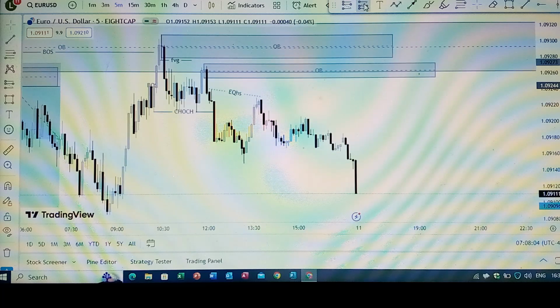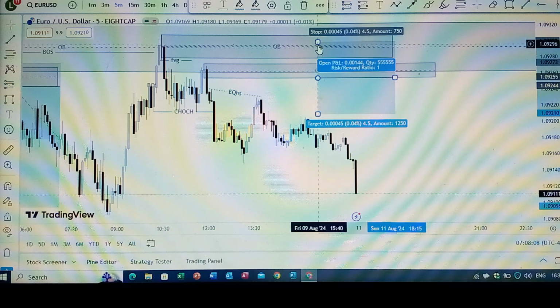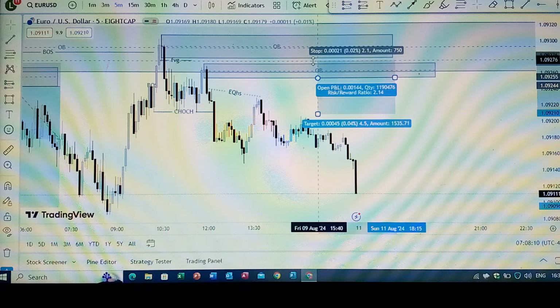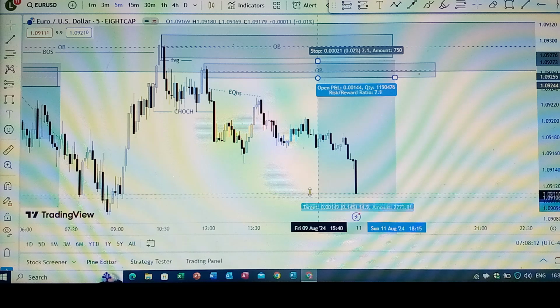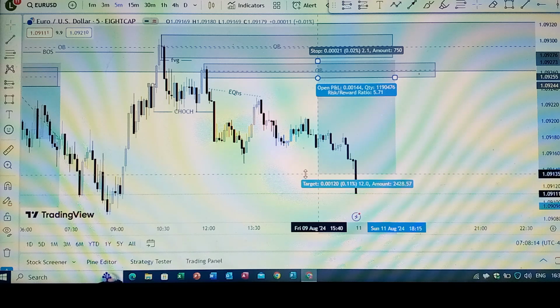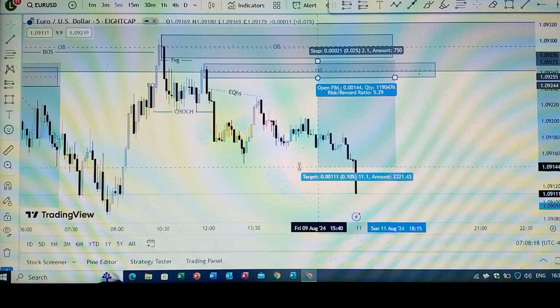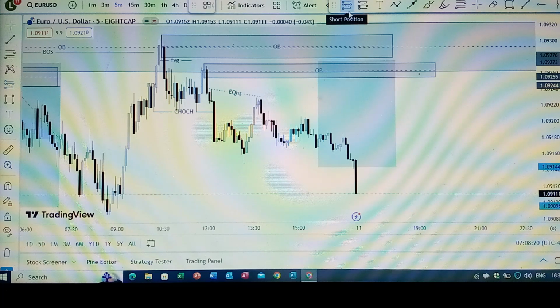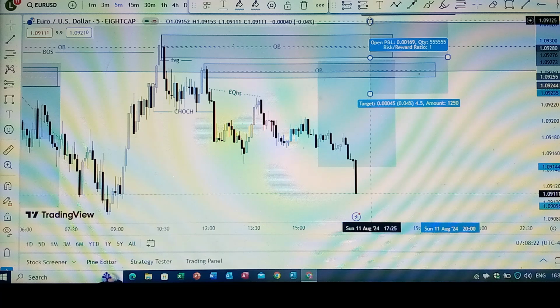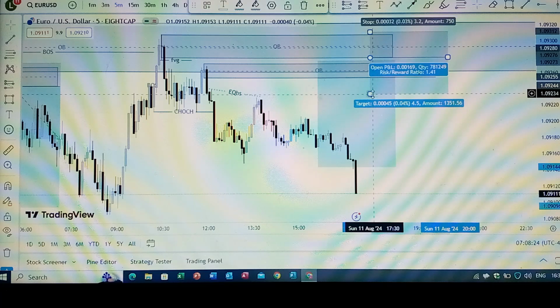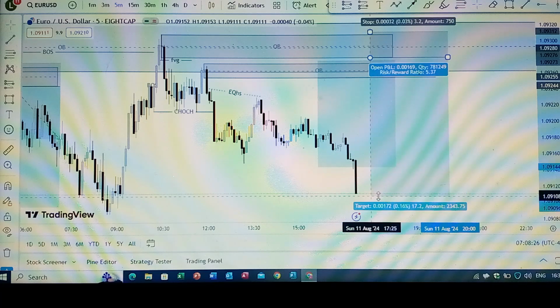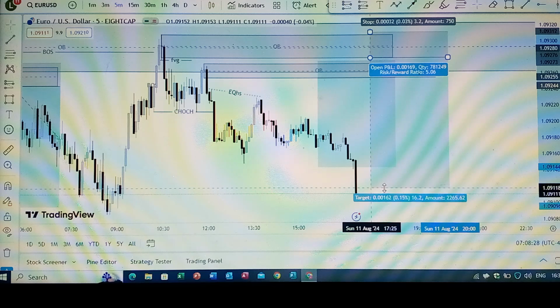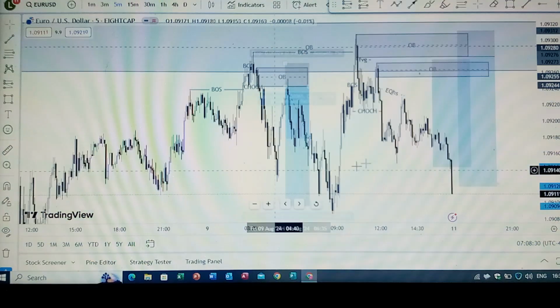So either you take your short position from your deciding level, and you target a 1 to 5 just to pay yourself for your competence as your full bread and butter. Either way, you take both of these order blocks, you target 1 to 5, and you target the lows.